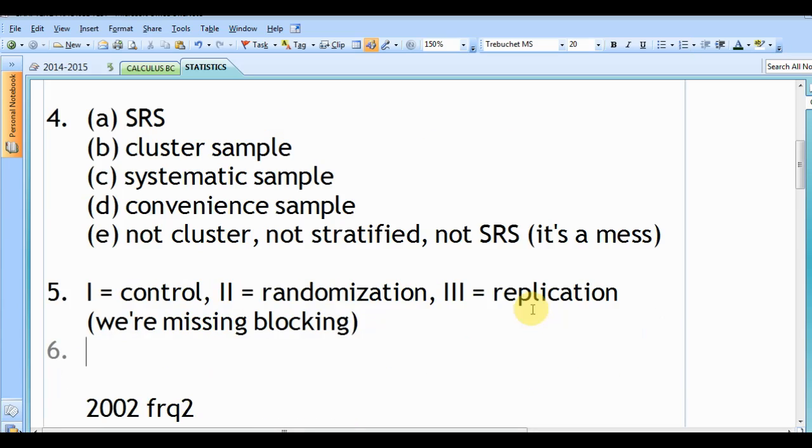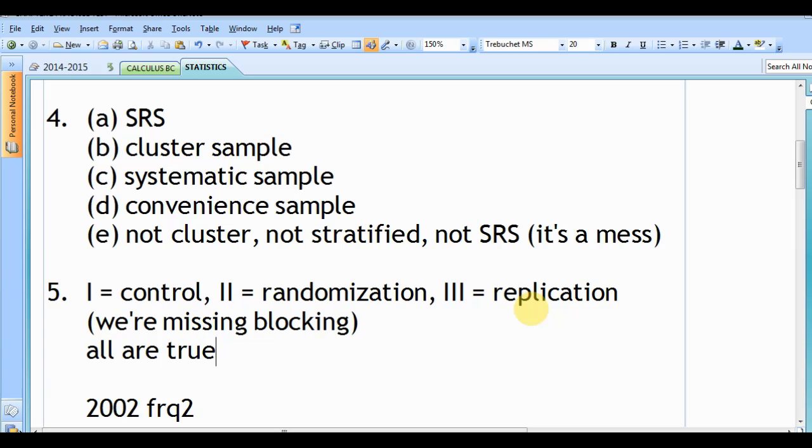Yeah, all of the above, right? All are true. That's the thing which I don't know why we're putting it there, because no, you don't have to block every experiment.